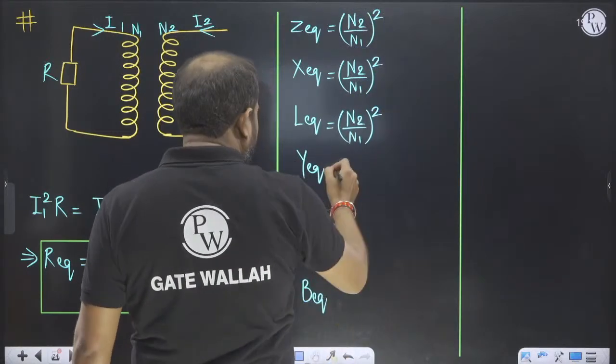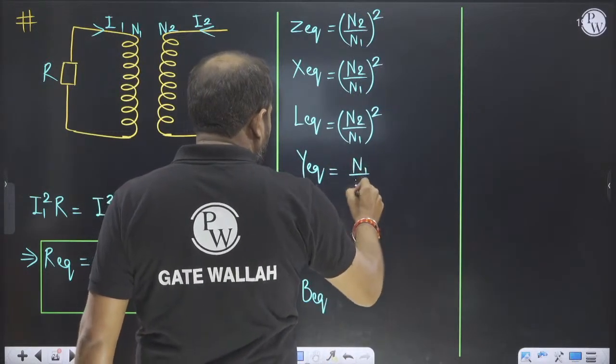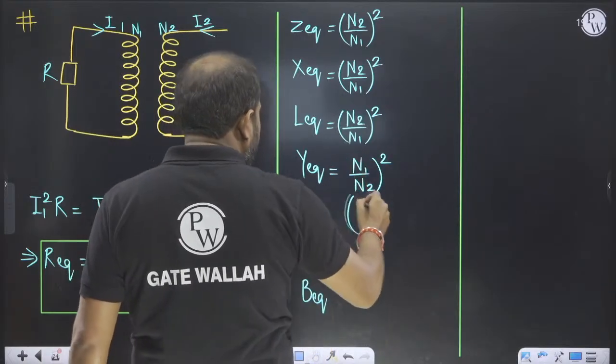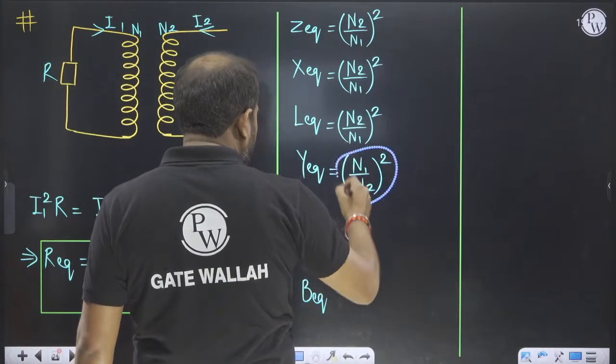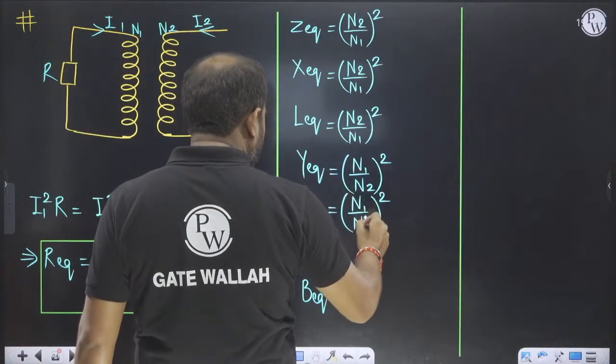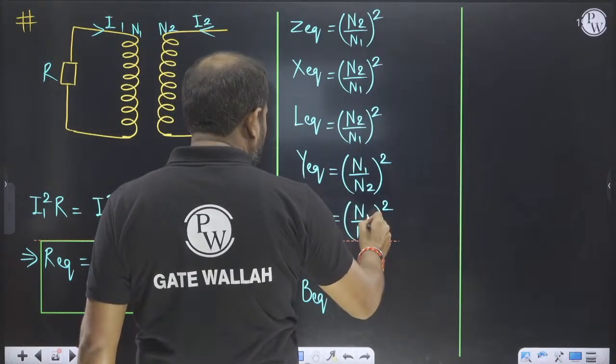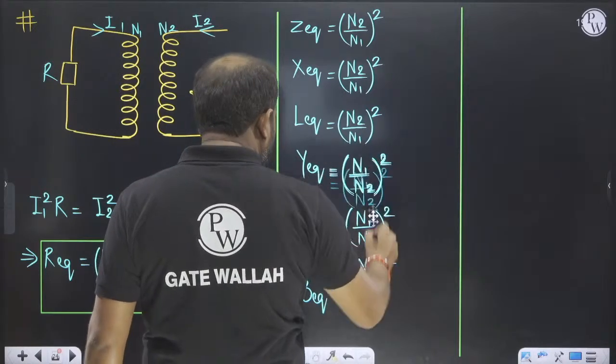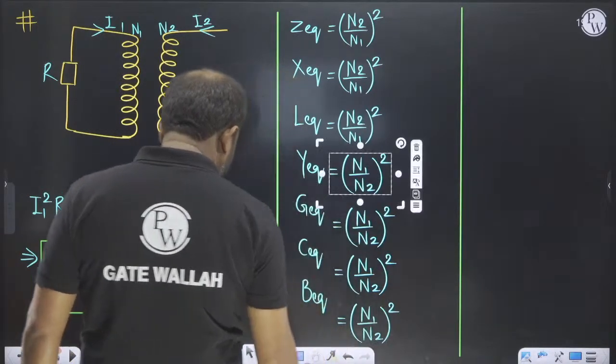But in case of Y, the ratio will be interchanged. This is G equivalent, this is C equivalent, and this is B equivalent.